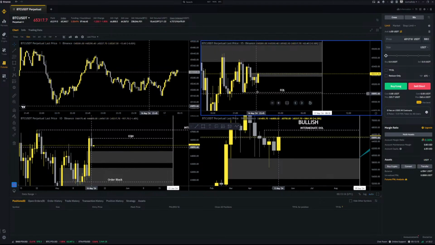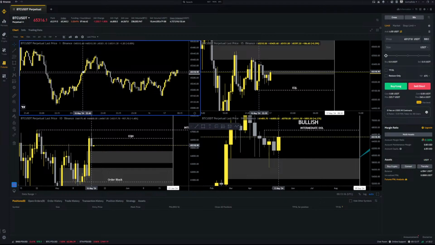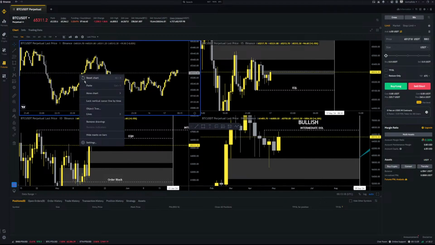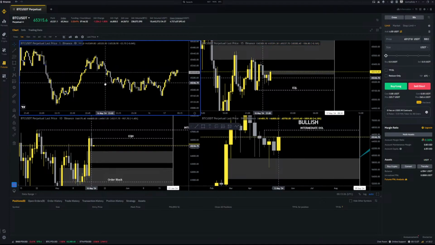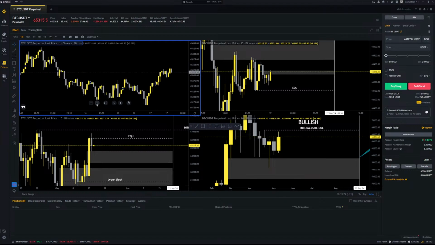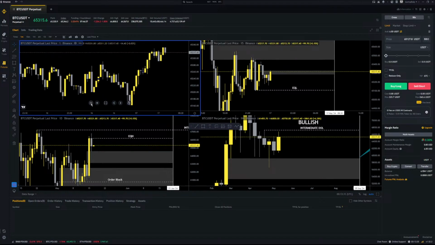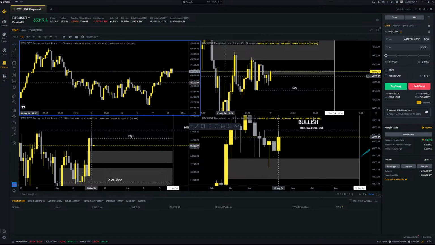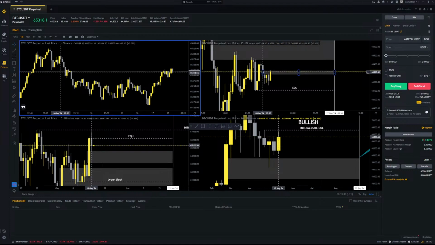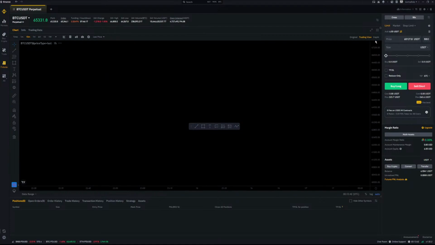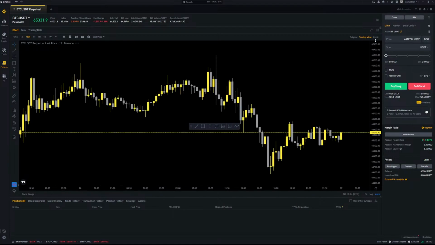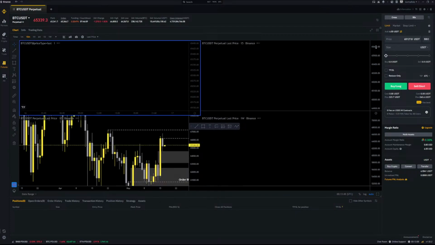It's that is moving, so it locked. That's beautiful. We're pushing higher.